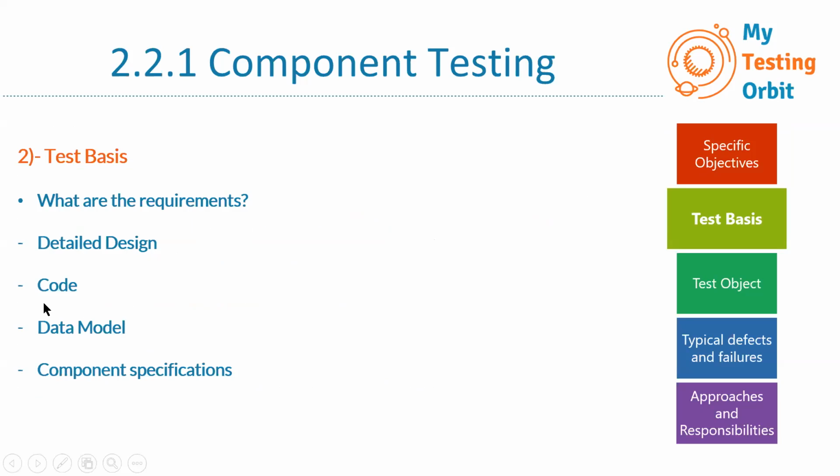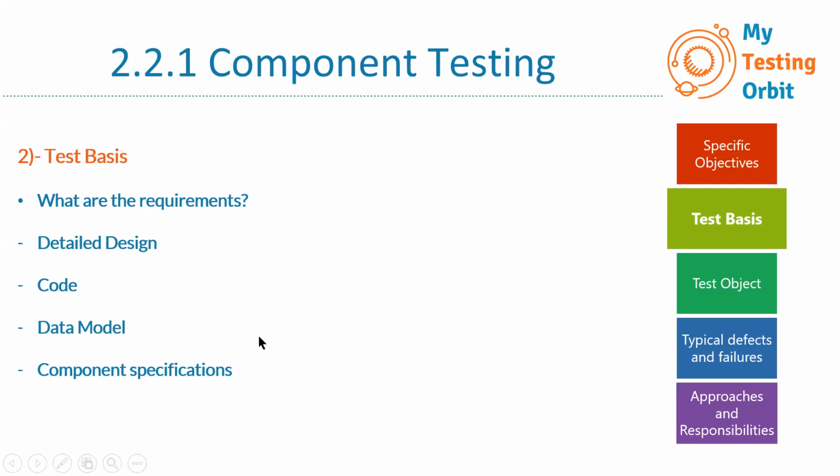Secondly, code, of course, we need this to run component testing. If we don't have the code, then where will we do the component testing? So definitely this is necessary. Next is data model. If we are doing any kind of testing where we have to test data types or a specific data range, then we need the data model as well.